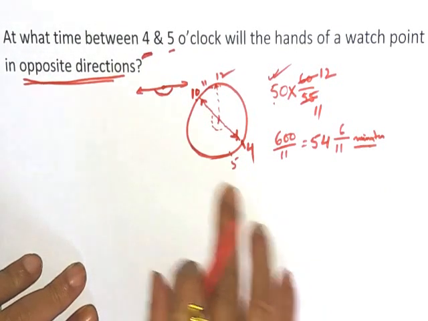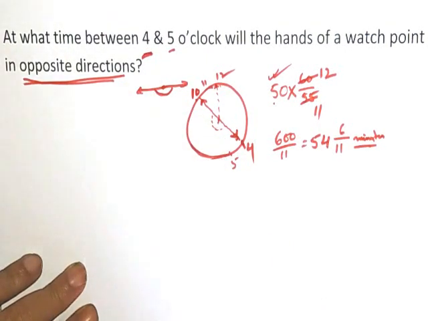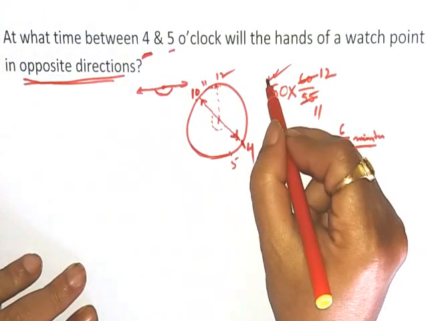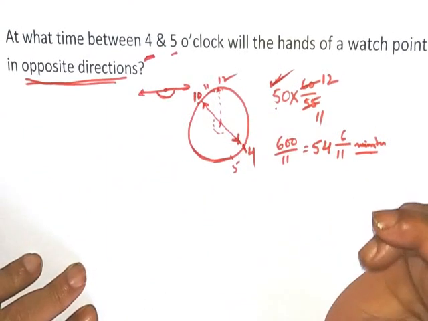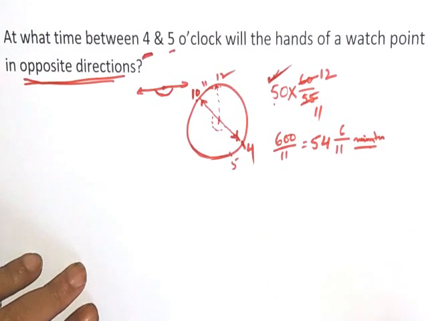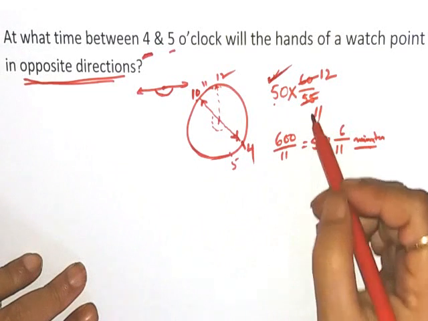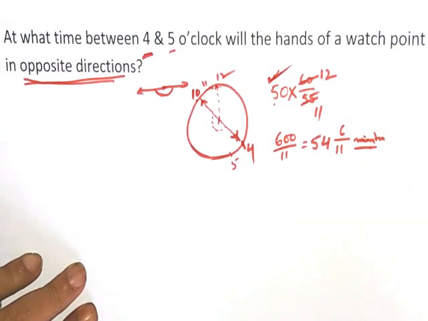At that time, the needles of the clock will be 100% in opposite direction. So look here what we have done. We have considered the travel minutes of your minute hand. Okay, and after that we have multiplied a fixed number, that is 60 upon 55.